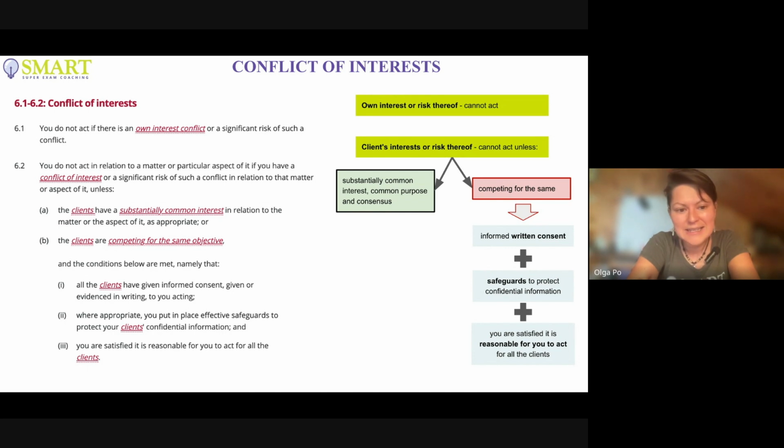So in this case, it's possible that we should start acting for both, because it's in the interest of both of them for us to advise at this point, but then we would have to cease acting for one of them, or maybe for both of them. It depends what kind of information we obtain, because disclosure, the duty to disclose and the duty of confidentiality may also knock on the door here. We may obtain confidential information from one client, and we have a duty and obligation to disclose this information to another client.